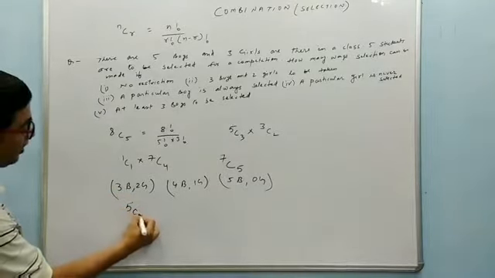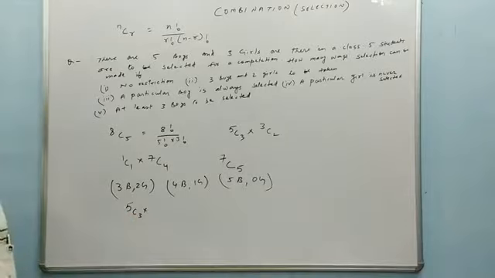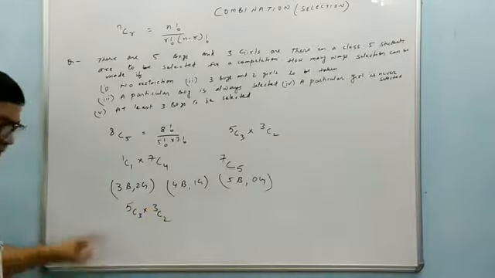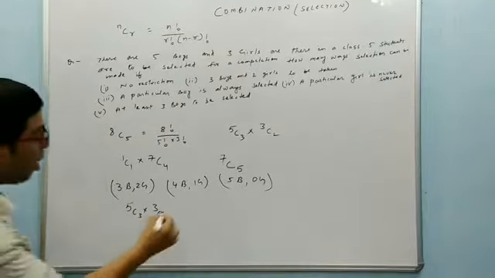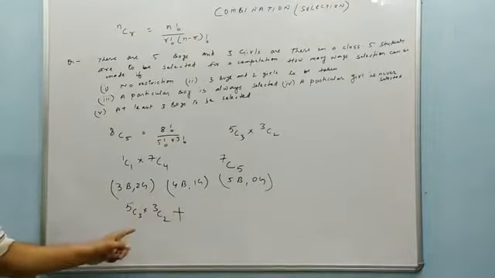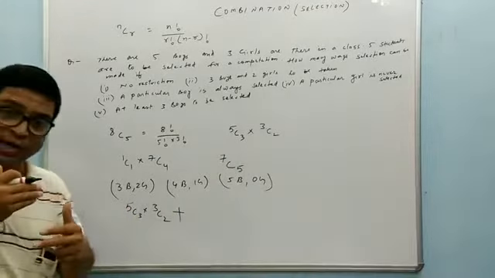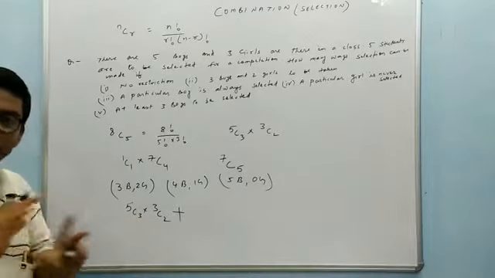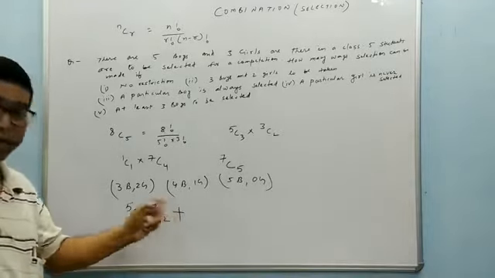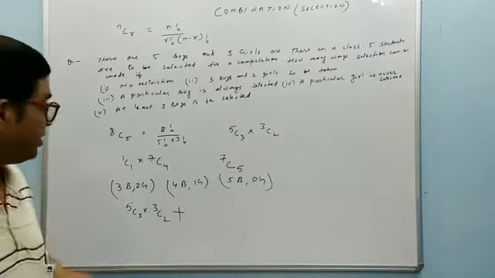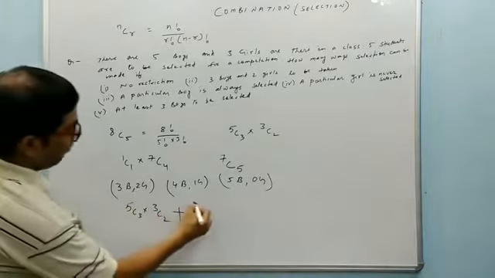So 5C3 into the girls are 3, so 3C2. That is case number 1. Or, so plus. Be careful about the plus and into. Into means wherever the work is going on, you just multiply. You see, 5 students have been selected. The work is complete now. Now I will write plus because we are doing the same work again in another fashion. 4 boys. 5 boys are there.